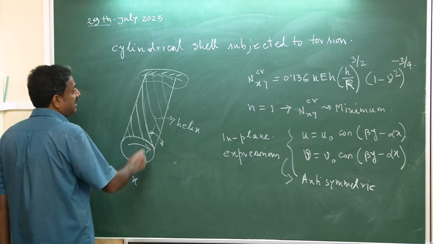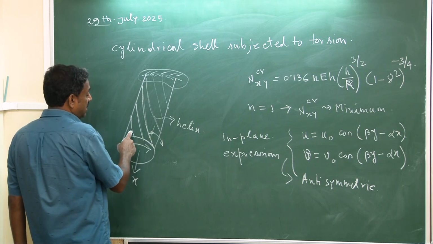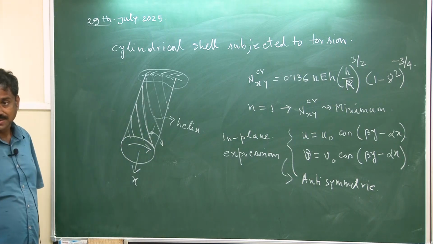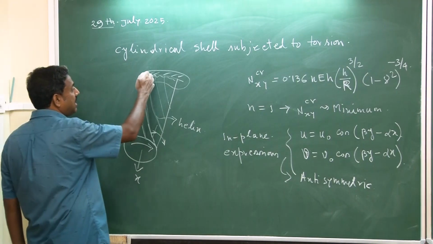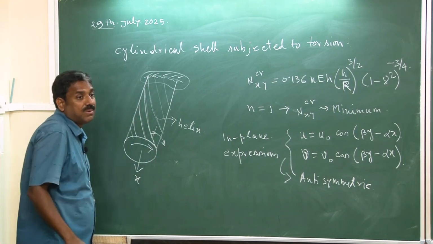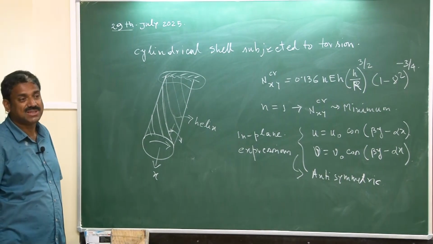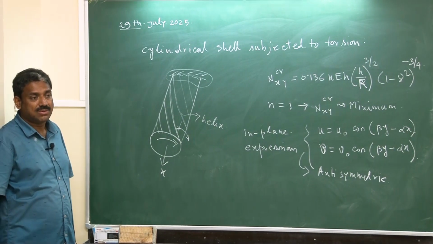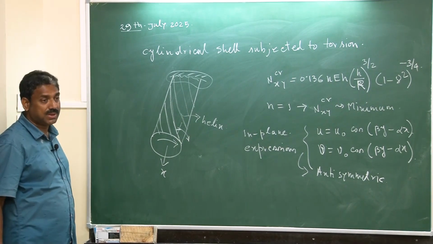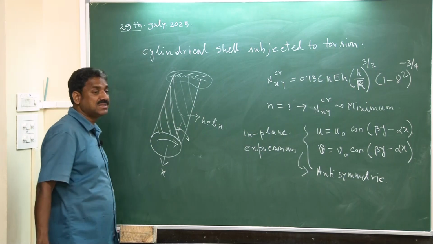But at the end boundary, that 2-buckles assumption is not valid. There can be a number of buckles over there at the boundary. That is not captured by the solution, but that doesn't cause much problem. That can be accepted as an engineering solution.